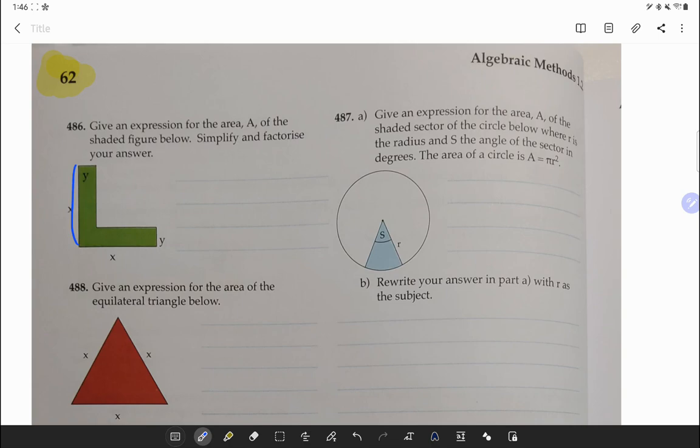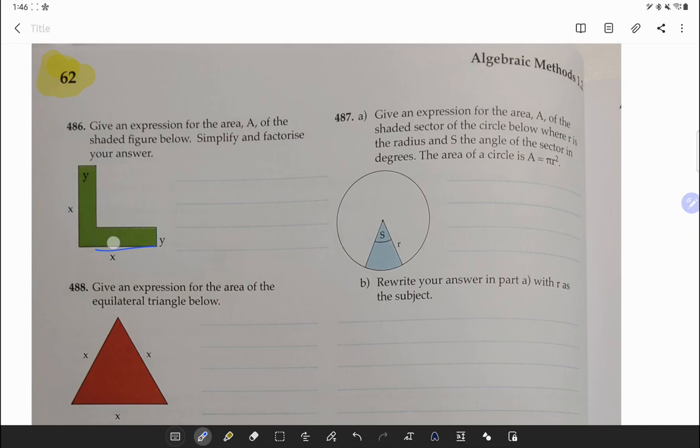So here it is. That's x there, that's x there, and that is y. Okay, cool. I've said this before: we have to cut this up into bits. If it's a shape, we see rectangles here, but you have to cut it up like that or something, so that we are working with this rectangle here and this rectangle here.